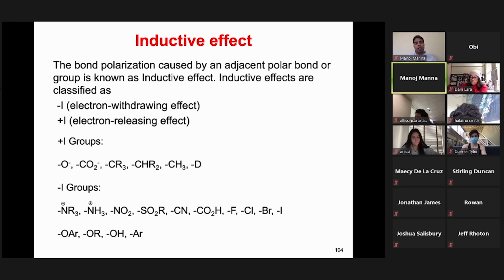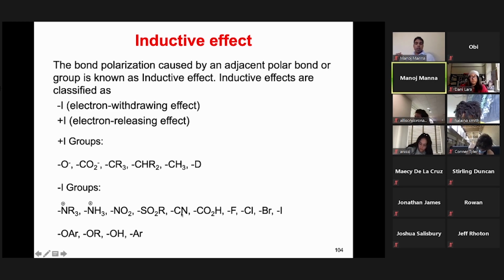If we have some groups or atoms that can pull electrons, that means an electron withdrawing group. Examples here: nitro NO2 group, cyanide, carboxylic acid, halogen atoms fluorine, chlorine, bromine, iodine. Those are the electron withdrawing groups. If they are connected with the molecule, the bond, they can drag electrons towards that particular site.